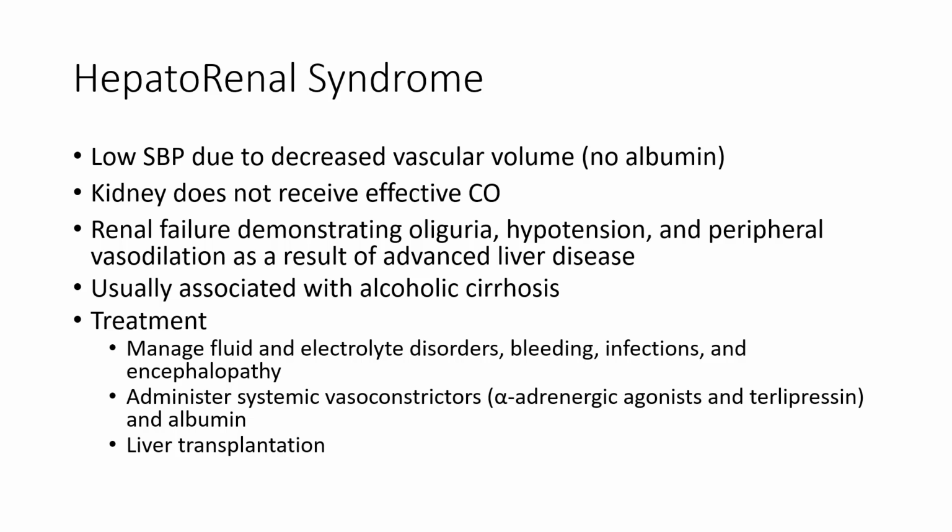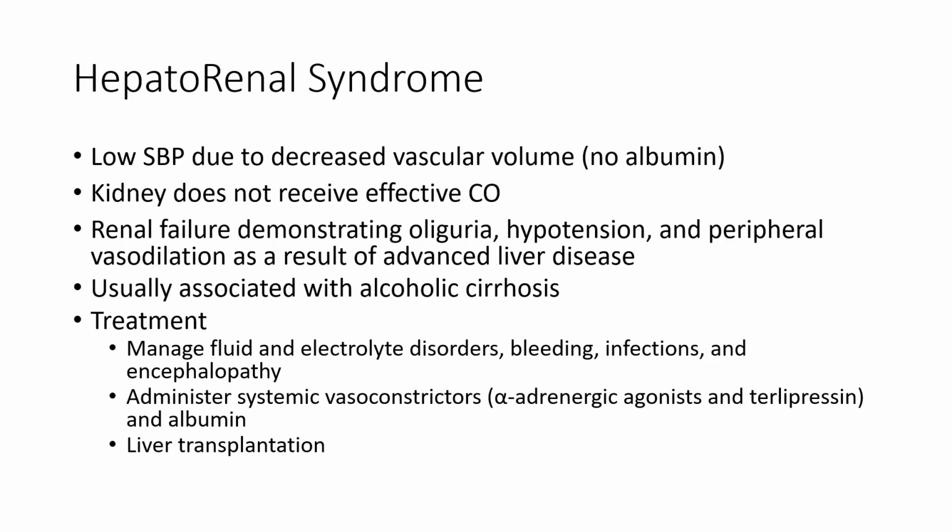And then eventually you run into hepatorenal syndrome, the low systolic blood pressure due to the decreased albumin. The kidney doesn't receive the 25% of the cardiac output. Renal failure then ensues, which causes oliguria, hypotension, and peripheral vasodilation, which only worsens the edema situation.